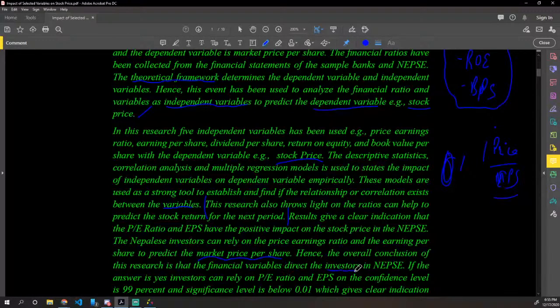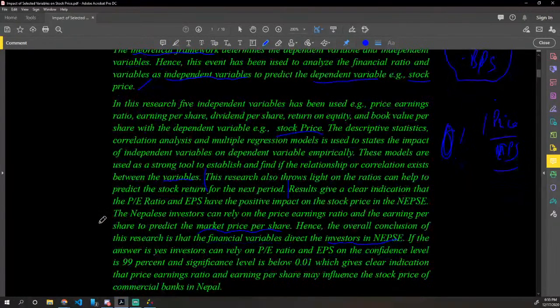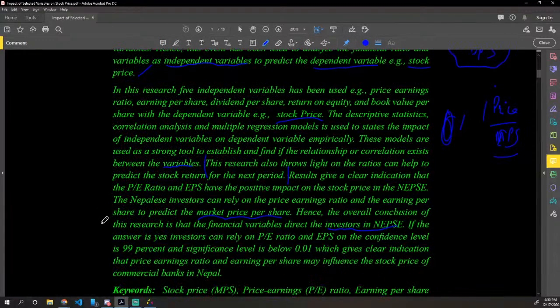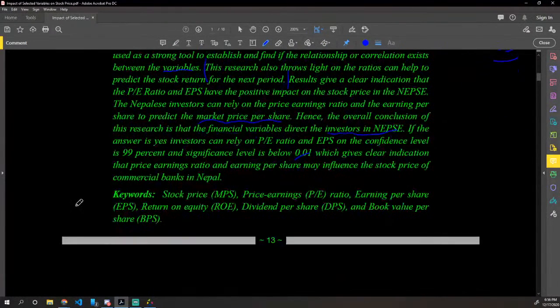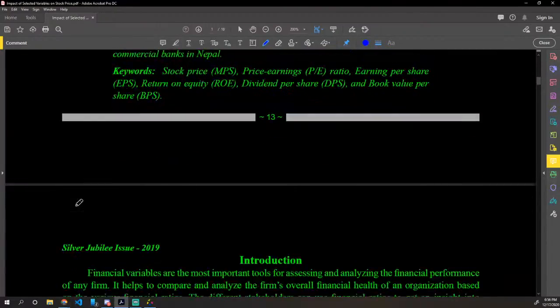Investors can rely on PE ratio and EPS, with a confidence level of 99% and a significance level below 0.01%, which gives a clear indication that price earning ratio and EPS may influence the stock price of commercial banks in Nepal. So the stock price, MPS, EPS, ROE, dividend per share, book value per share, BPS.